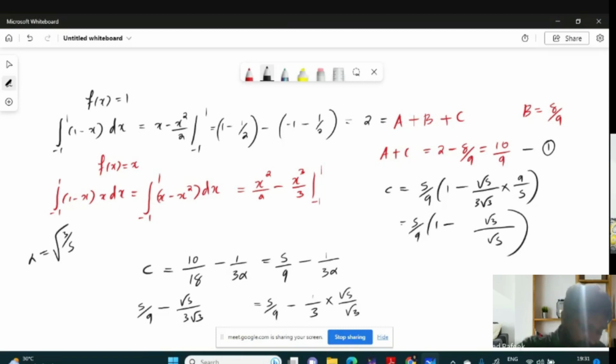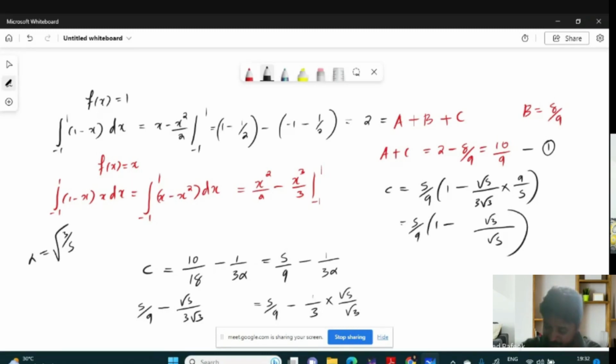I think which option has that? In all options alpha is root 3 by 5. No need to check. In all options B equal to 8 by 9. No need to check. C is 5 by 9 minus root 5 by 3 root 3.